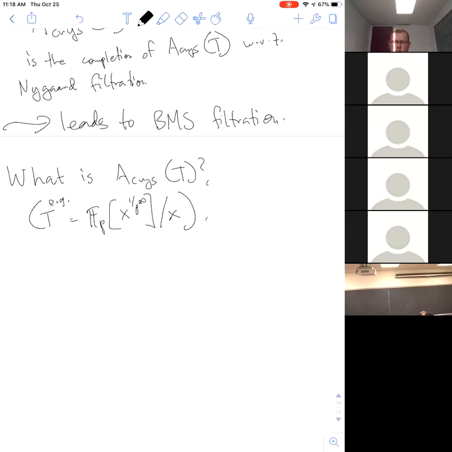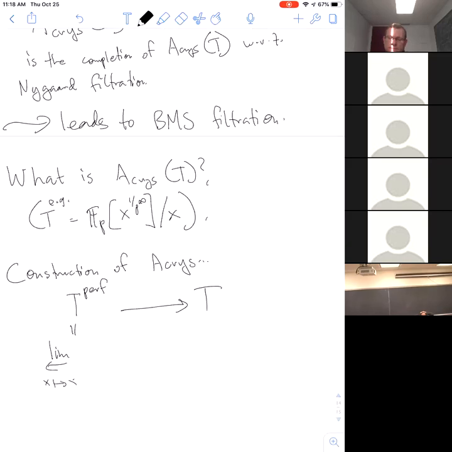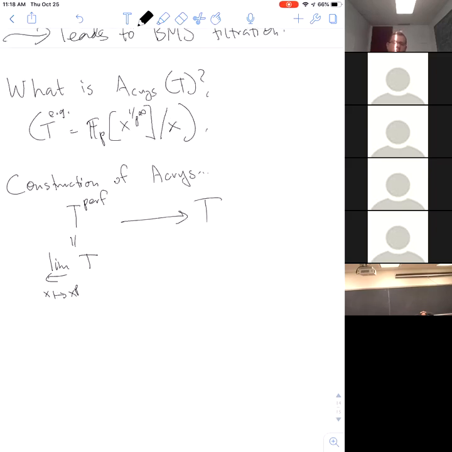Yeah, so let me say what that is. The construction of A_crys. First we have T, this regular semi-perfect ring. And what we're going to do is consider the inverse limit perfection of T. So this is the inverse limit along the Frobenius map, x goes to x^p, of copies of T. We earlier discussed a way of taking a ring and producing a perfect ring, which is to take the colimit along Frobenius.